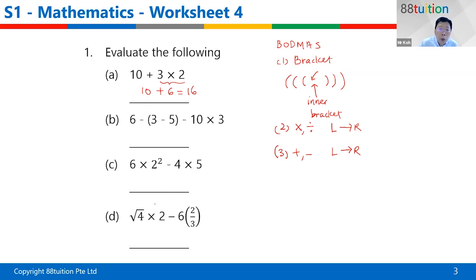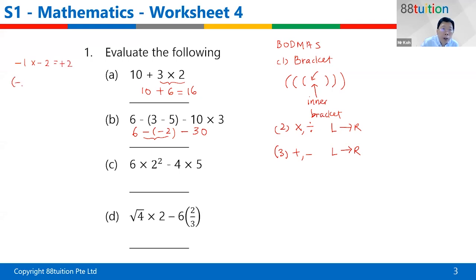Let me do B and show you. B has a bracket first, right? So I will do 3 minus 5, which gives you minus 2. And then minus 10 times 3 is 30. Now, this is the part that I'm concerned about. If you have a negative number multiplied by a negative number, the end result is a positive number.